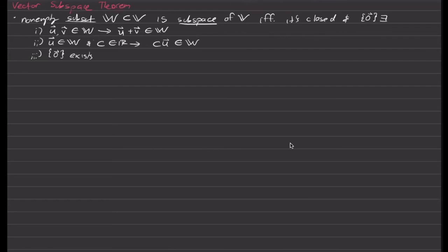Okay, let's move on to talking about linear independence. So testing for linear independence, I'm going to use this symbol to mean independence, because it's a long word and I don't want to have to write it.